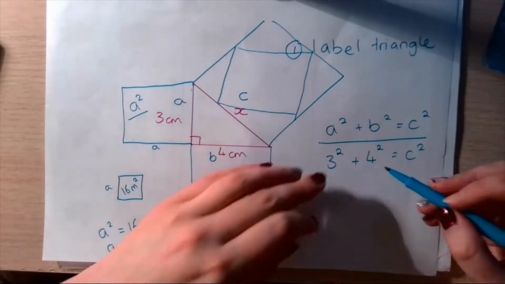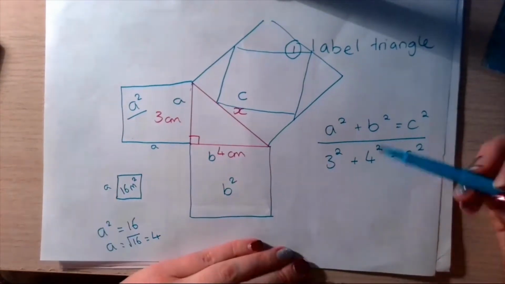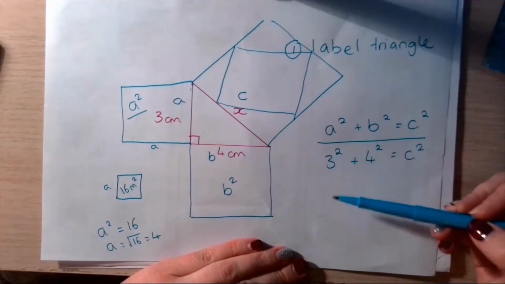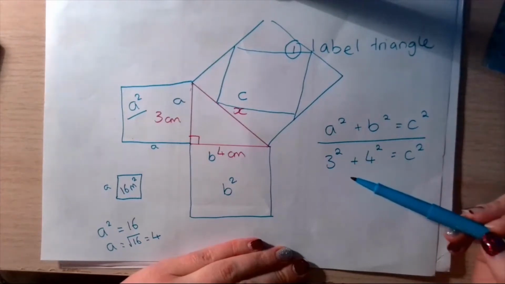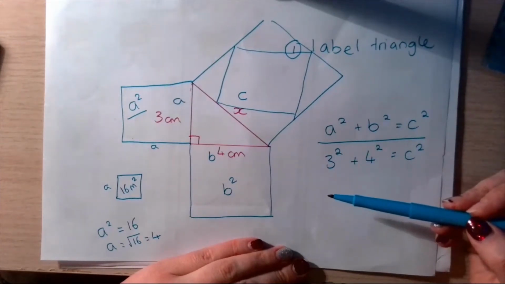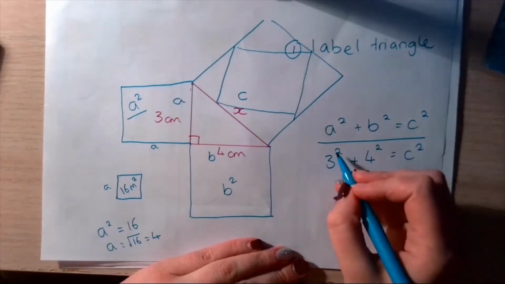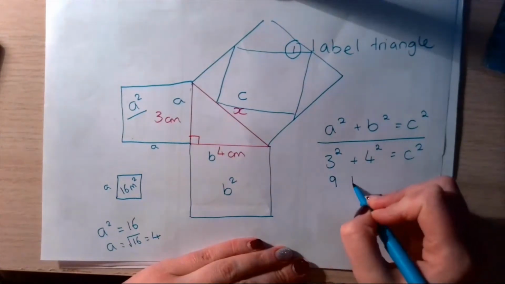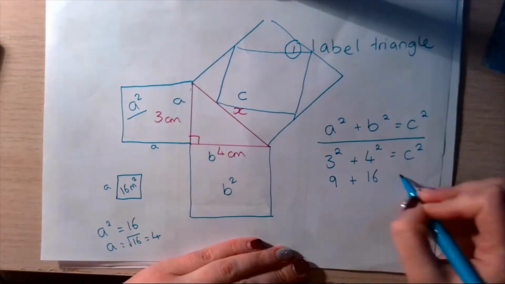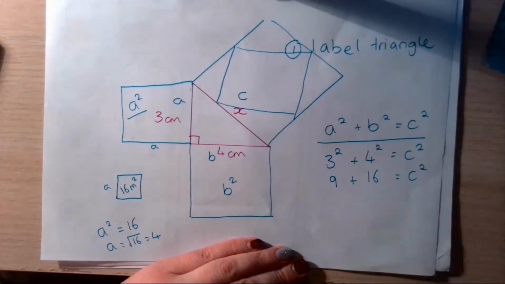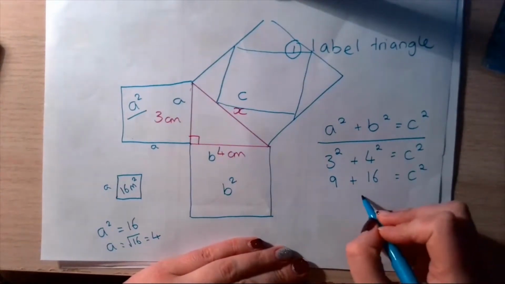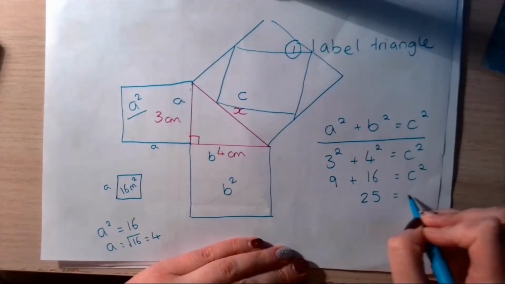So, as always, we're going to work out a bit at a time. Be really organised with these, make sure you're writing one line below the other, in a nice neat line. So 3 squared is 9, plus 4 squared, which is 16, equals C squared. 9 plus 16 is 25, which is C squared.